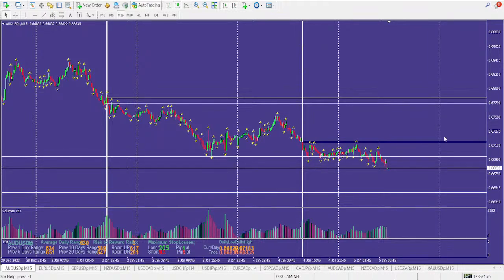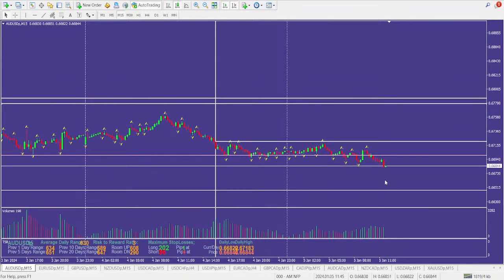So in terms of our analysis, let's change this to another color so it's not confusing, because this is a little bit confusing here. We'll make this one pink.